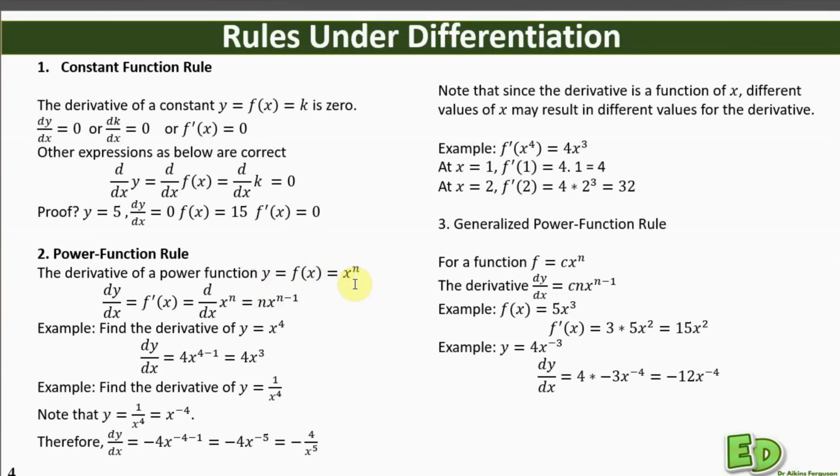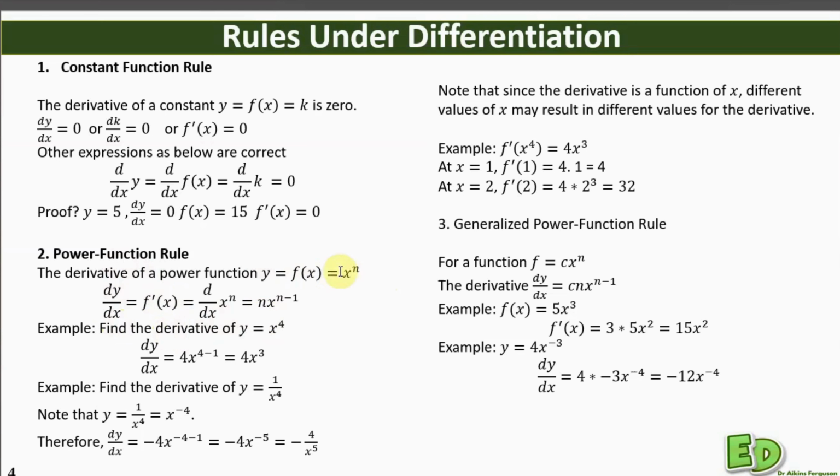But when that function is being raised to a power, how do you differentiate it? So if it's given in terms of y, you will say dy over dx. But if it is f of x is equal to a certain function, we will say f prime of x. Then we differentiate.